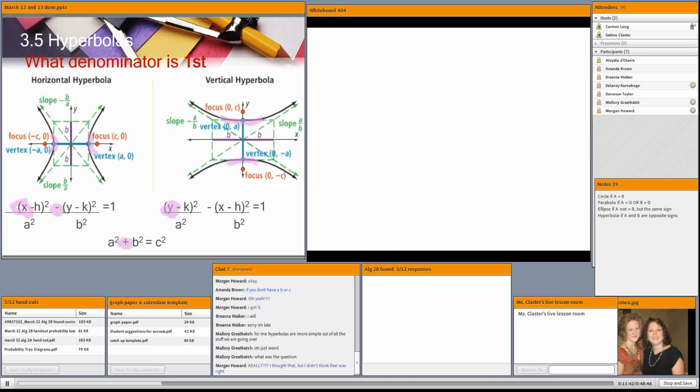So we're going to use that when we're working with the foci. And again, the c is the distance from the center to the focus.